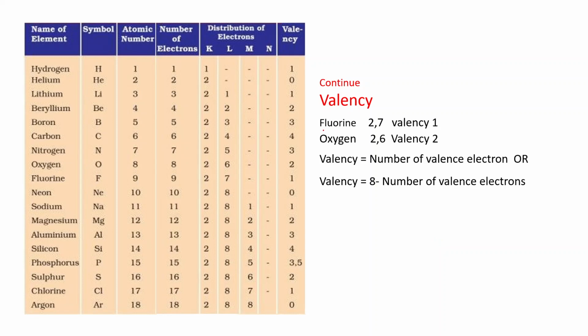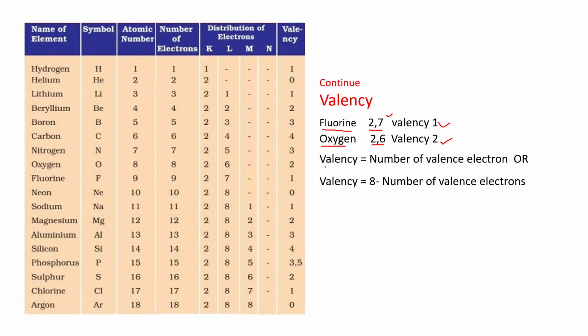Now, fluorine's electronic configuration is 2-7. How can it achieve the octet configuration in the outermost shell? By gaining 1 electron. That's why its valency is 1. In the same way, oxygen's electronic configuration is 2-6, and it can achieve an octet by gaining 2 electrons. That's why its valency is 2.